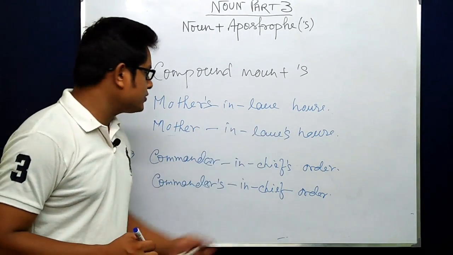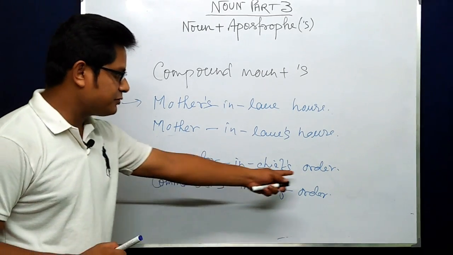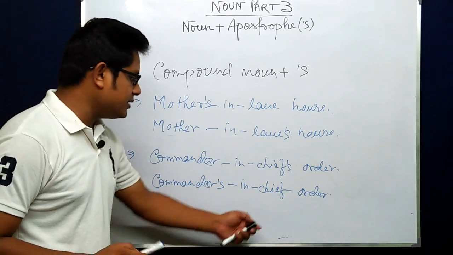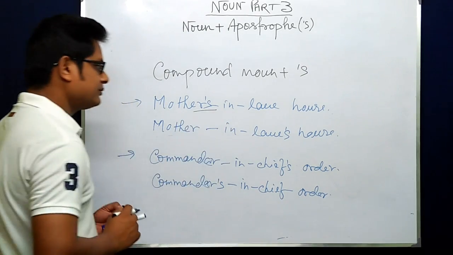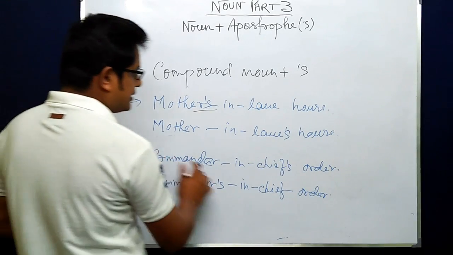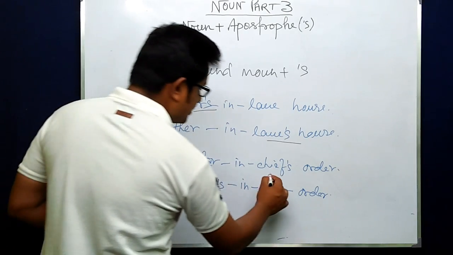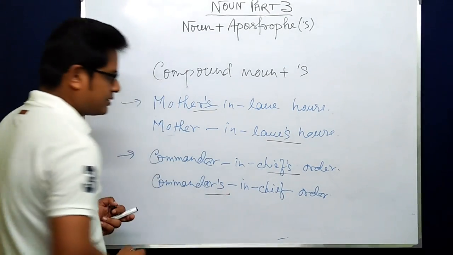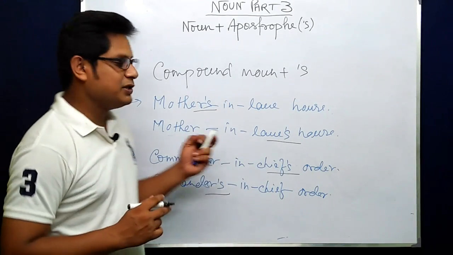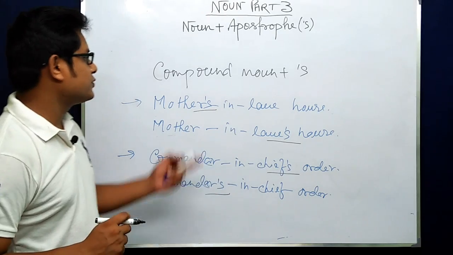Mothers-in-law house or mother-in-law's house, commander-in-chief's order or commanders-in-chief order. See, I have used mothers in this sentence, and in this sentence I have used law's. Again in this sentence I have used chief's, and again in this sentence I have used commanders. Now you have to find which one is right, which is the proper way of using apostrophe s with a compound noun.